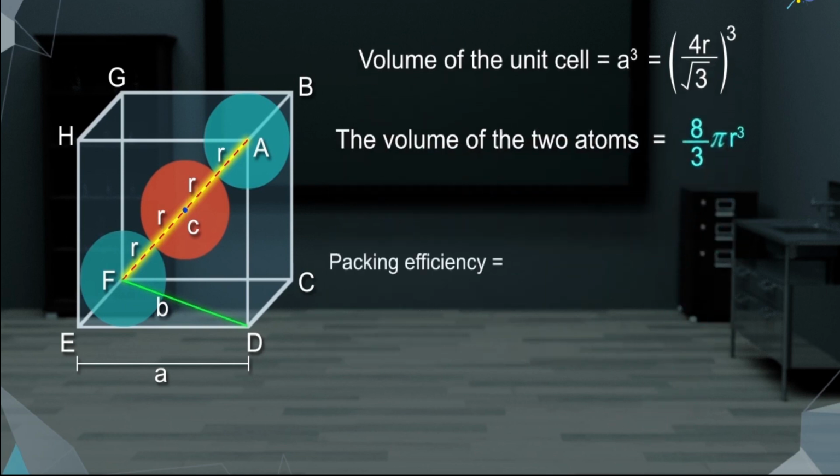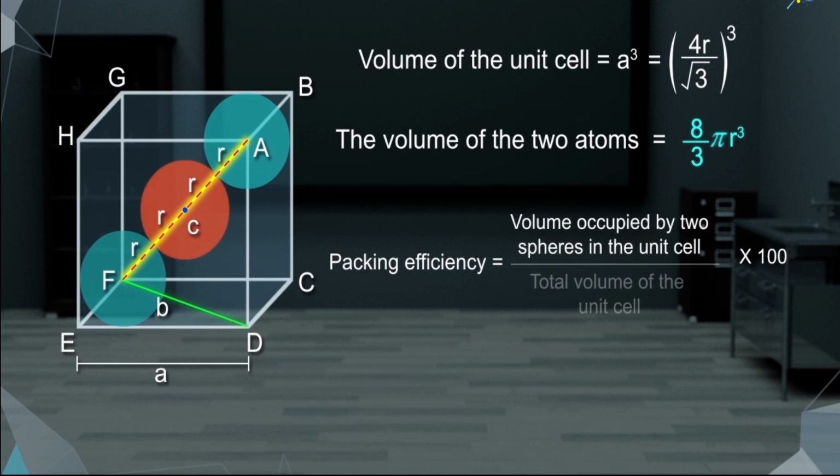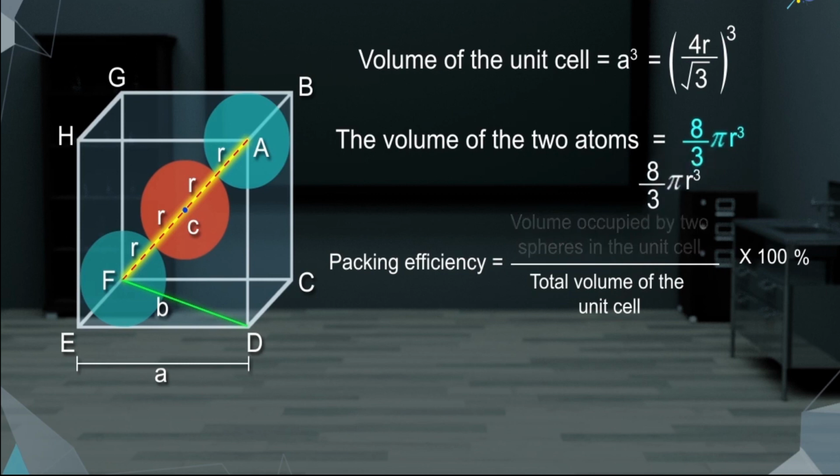Now the packing efficiency in BCC is equal to the volume occupied by 2 spheres in the unit cell multiplied by 100 and divided by the total volume of the unit cell.